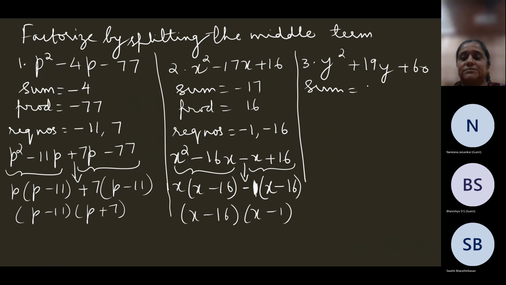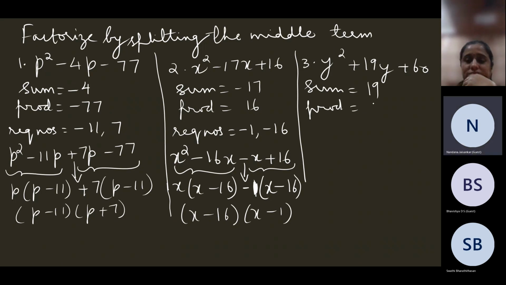Nandana, what is the sum? The sum is 19. And the product is 60, ma'am. Yeah, Nandana, tell me the two numbers. The required numbers are 30 and 20.